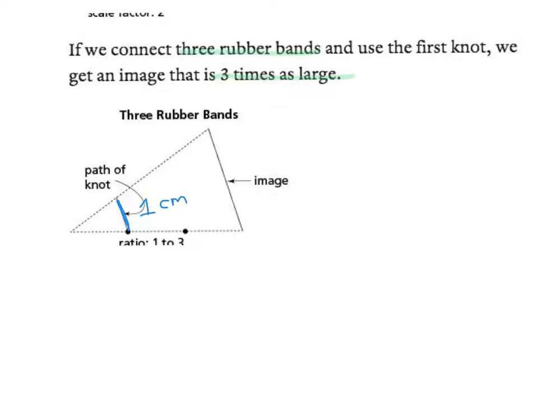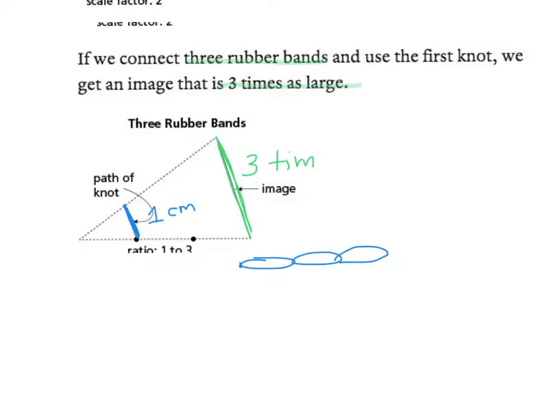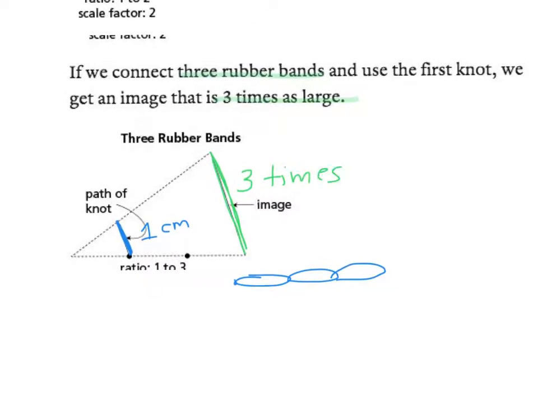If we had a rubber band stretcher that was 3 rubber bands long, and we use that knot along this path, if we look at the corresponding image and its path, we could say that that image is 3 times the length. Or in other words, if we were thinking in terms of centimeters, if the original is 1 centimeter, the image that's copied would be 3 centimeters.